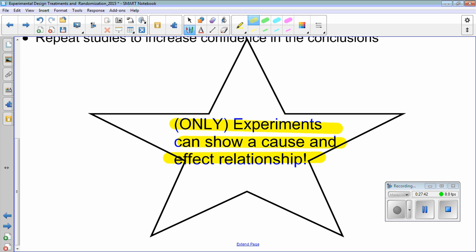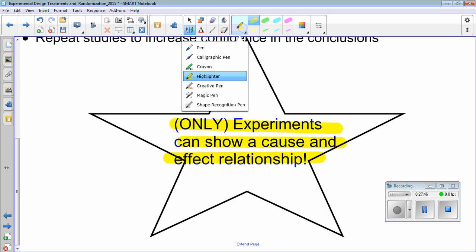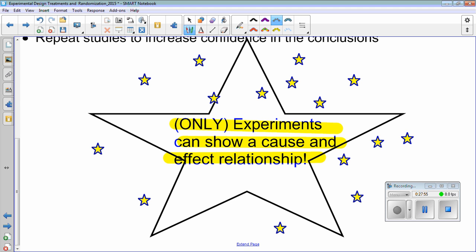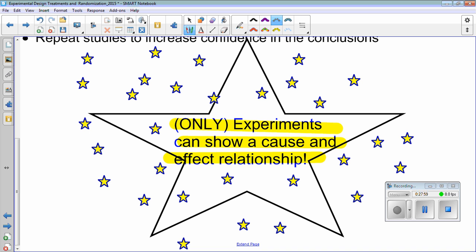Highlight it, star it, circle, make it sparkle, make it shine. I love it, okay? Oh, good grief. Just be happy. This is so important. It's so important that I'm starring it a lot. All right, you get the idea, okay?